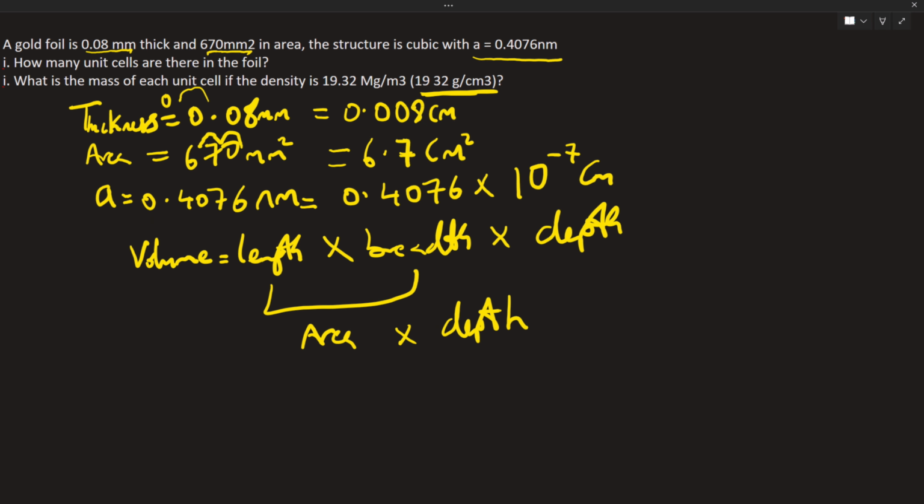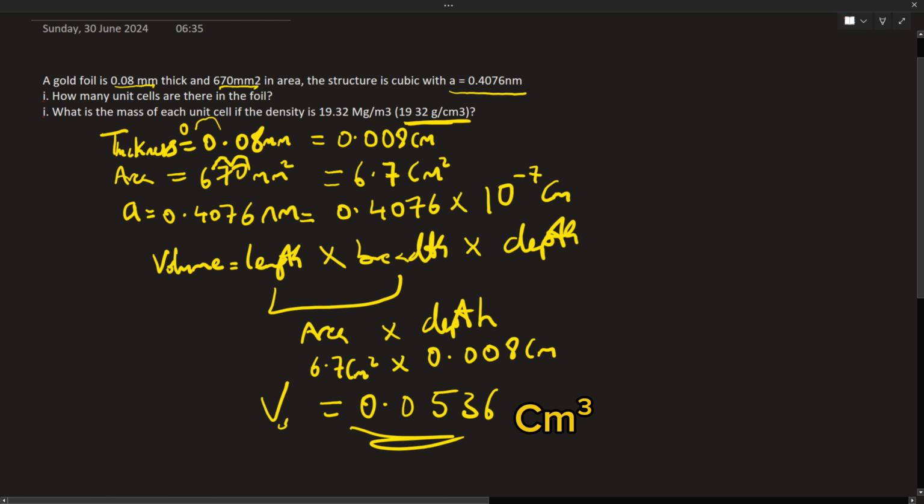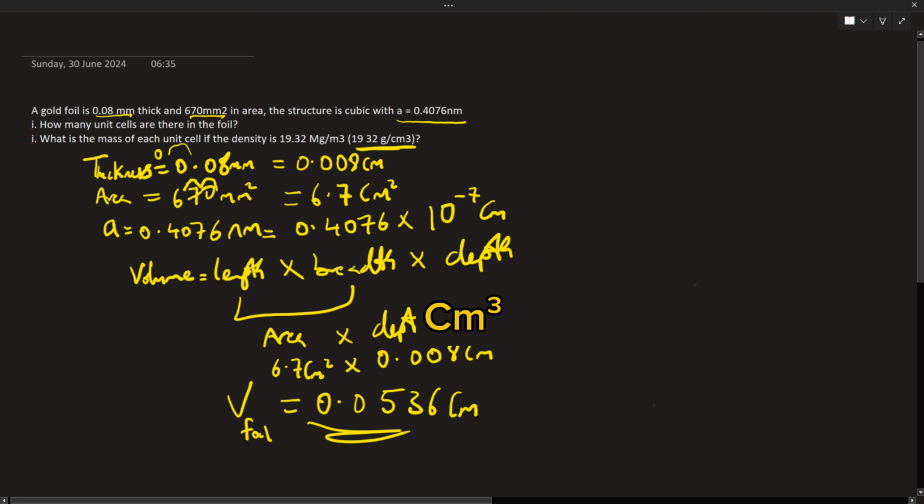Given our area as 6.7 centimeter square times 0.008, when we punch this into our calculator, we have 0.0536 centimeter cube. This is our volume of the foil.